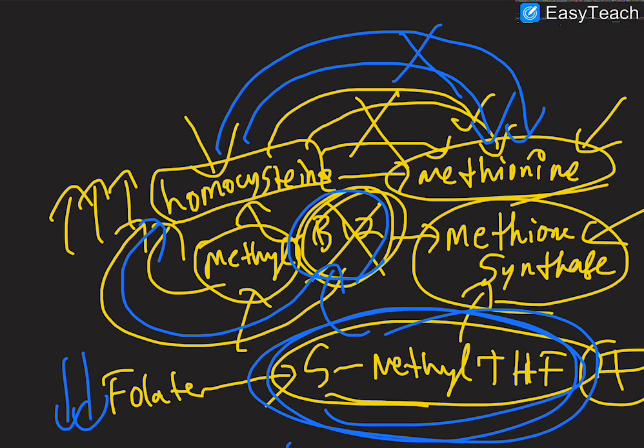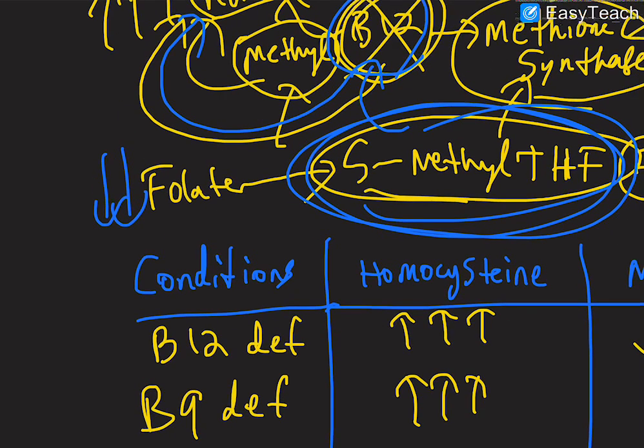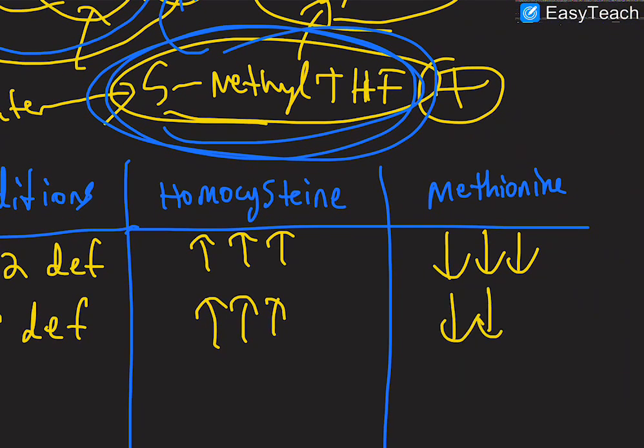Okay, so if you can't convert homocysteine to methionine because of a folate deficiency, homocysteine levels are elevated. Okay, so let's stay consistent with our colors. Homocysteine levels are elevated. And then if you can't convert homocysteine to methionine, methionine levels are decreased. So we get similar findings between homocysteine and methionine in B9 and B12 deficiency.